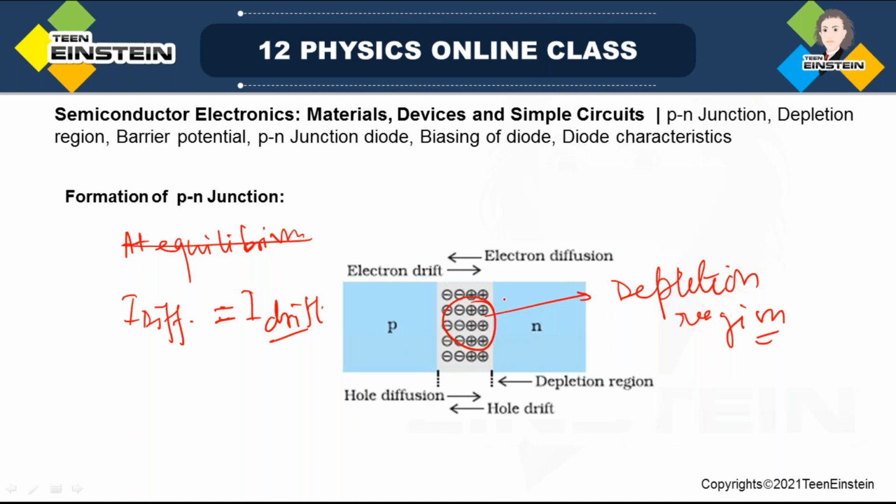In the depletion region there is no free charge. That's why the name is depletion. Depleted, it is said.